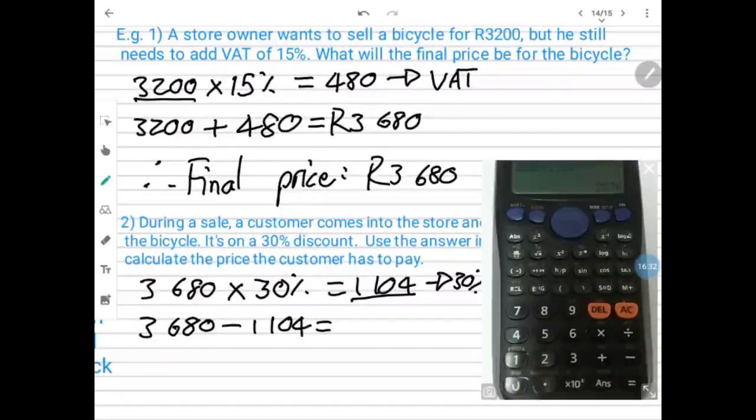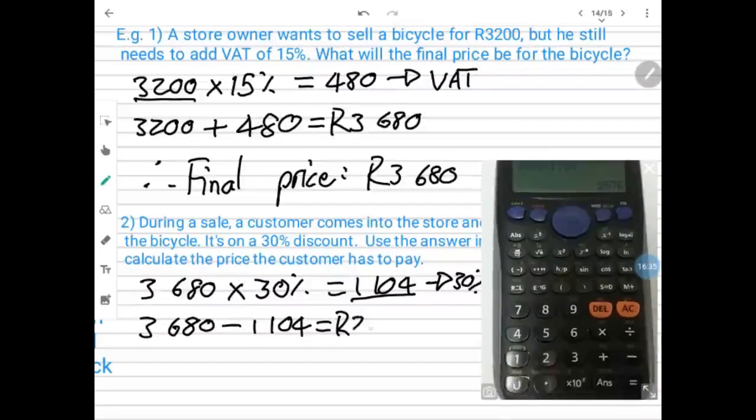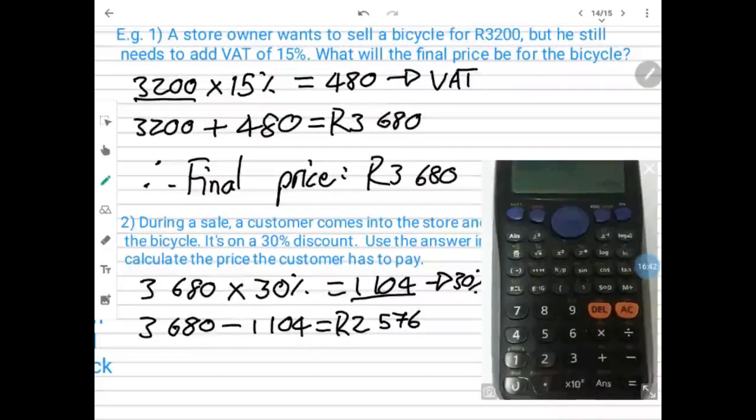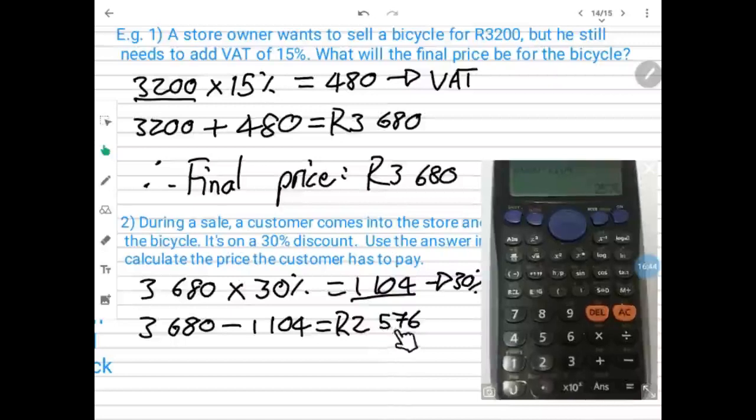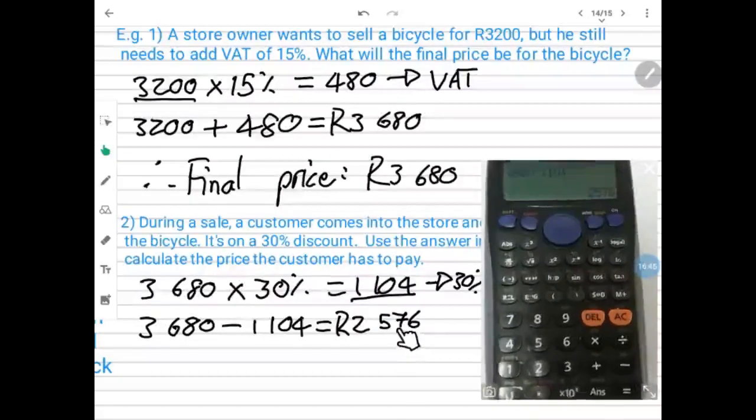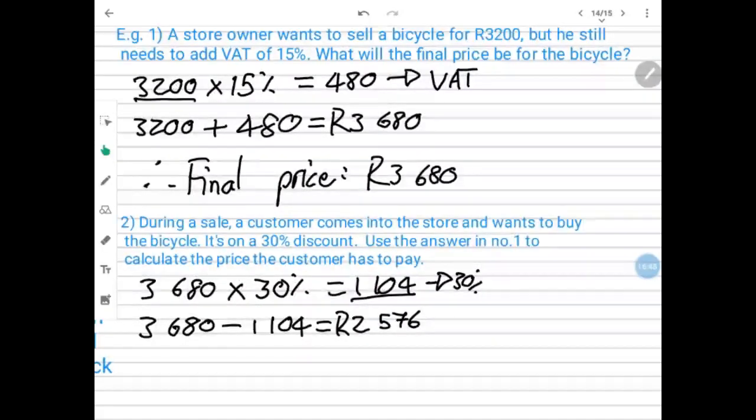We get 2,576. Do you see I still write the number in groups of 3? Please do that. So we can finish off the question thus. Let's say discounted price.